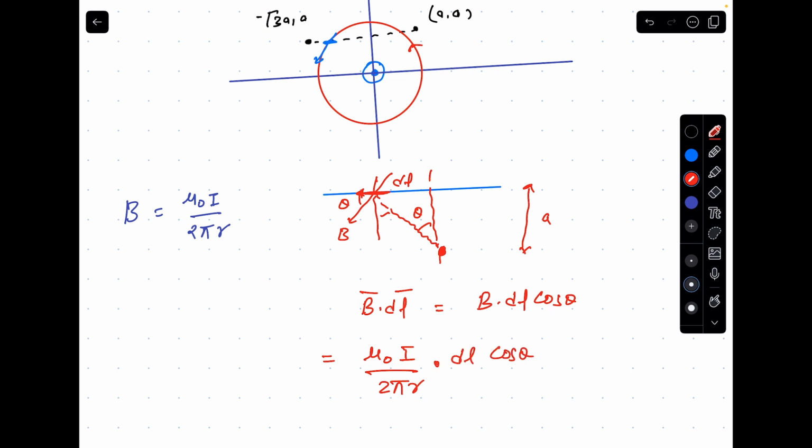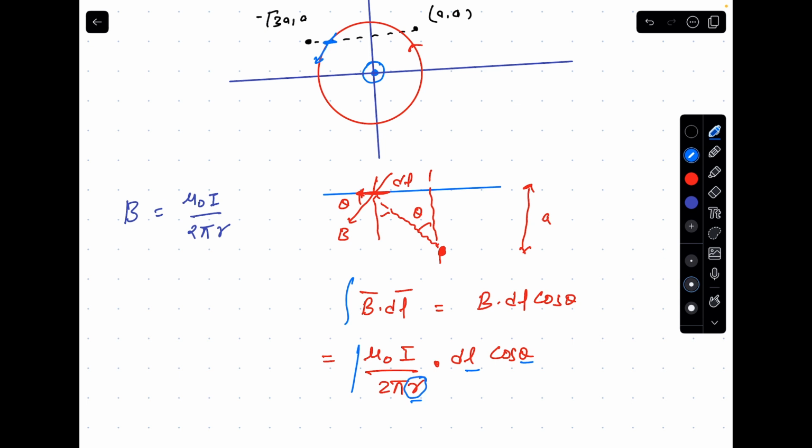The problem in this integration is that I have 3 variables: theta, l and r. So I need to substitute all of them in terms of one of them. What I am going to do is replace all of them in terms of theta. So first I need to calculate r.